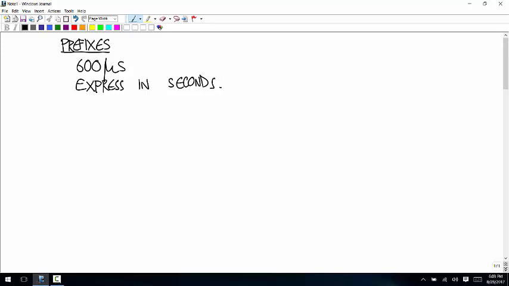Well, what I gave you at the end of class last time was this list that said you can think of the micro as meaning 1 times 10 to the minus 6. Okay, and so if you're starting with 600 microseconds, you can just replace the micro in there with times 10 to the minus 6.